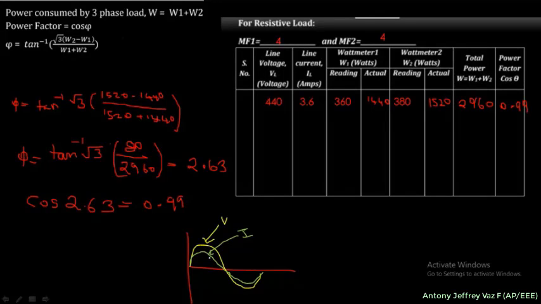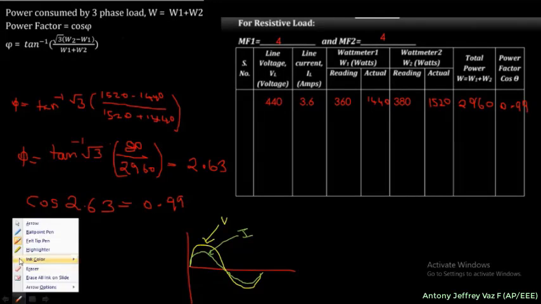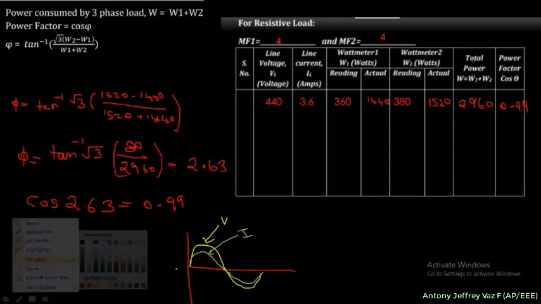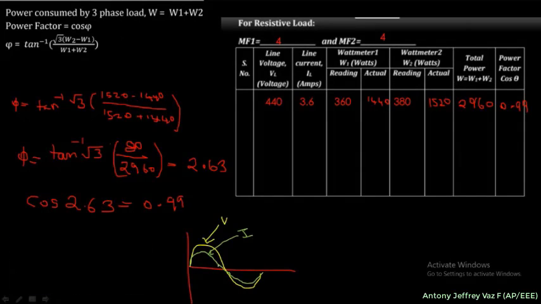In theory, in a resistive load, the two waves start at 0 together, and end at the same 0 point at the same time. So the phi value will be 0. Cos of 0 will be 1.